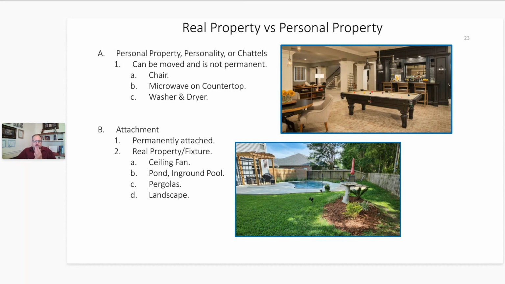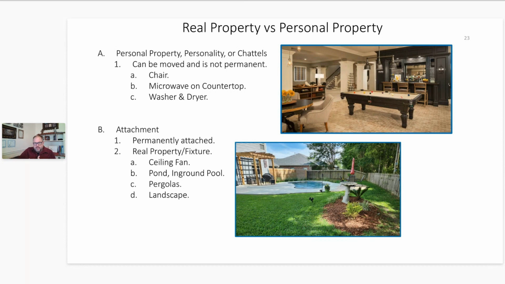And I want to bring this to your attention. When you get out in the real world, you've got to be careful about these things, because if you're listing a property, you've got to be aware of what could be misinterpreted as being a fixture or not a fixture. Typically in the kitchen, all the built-in appliances stay.